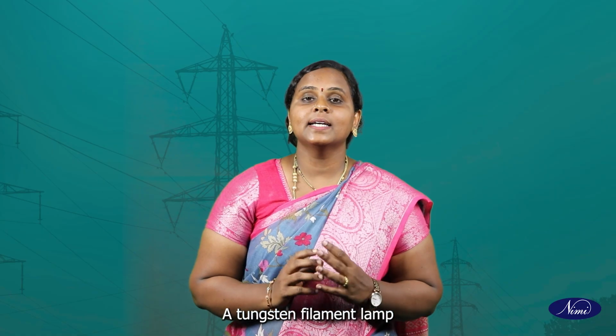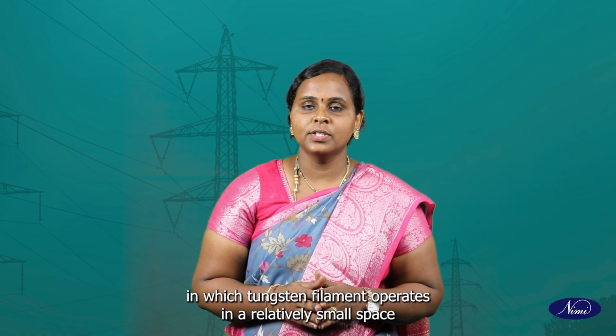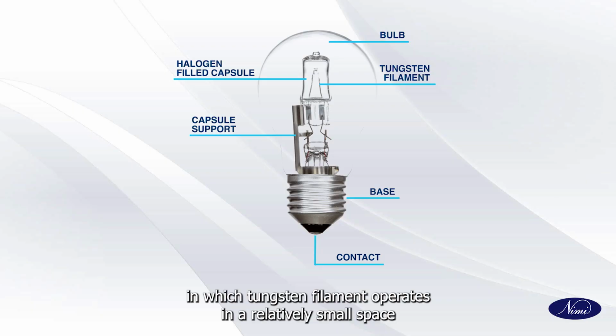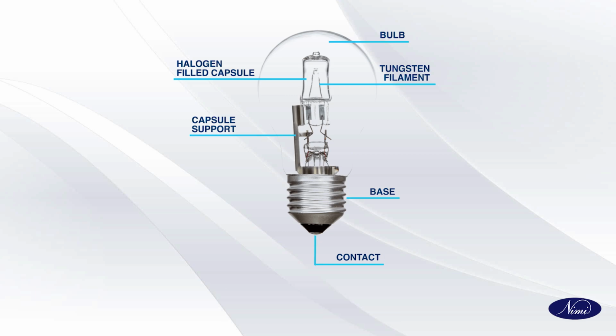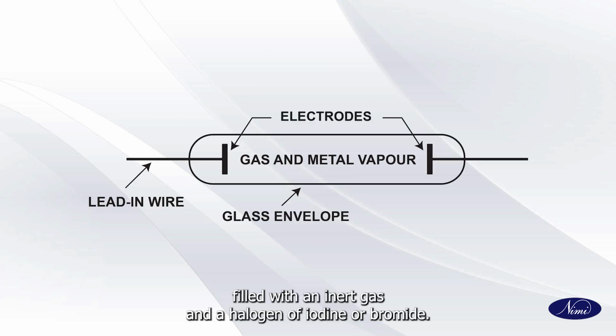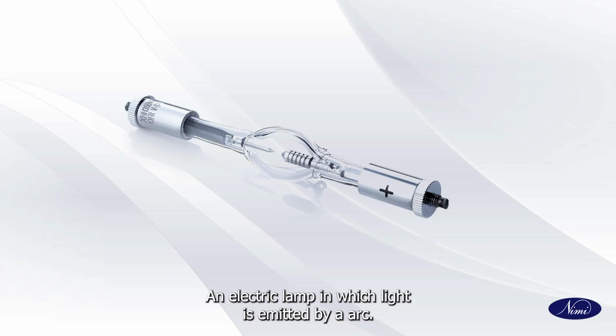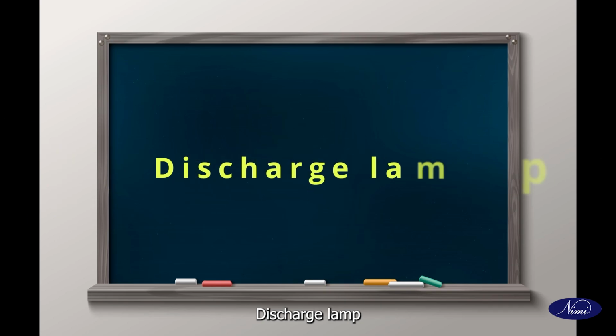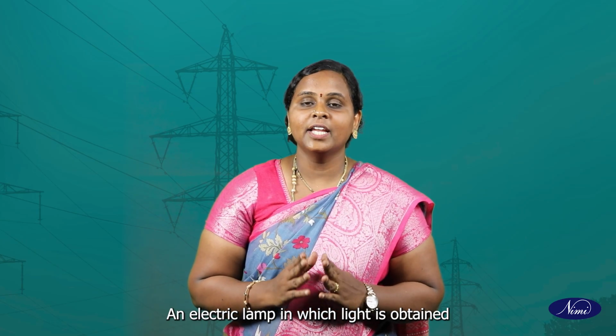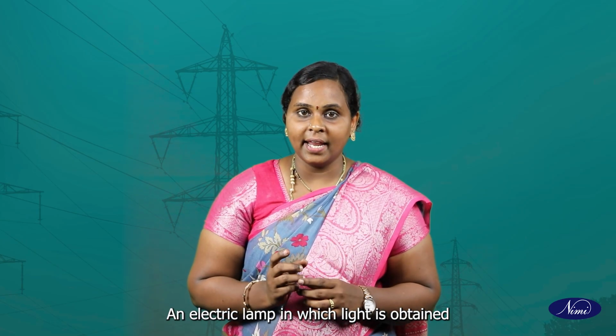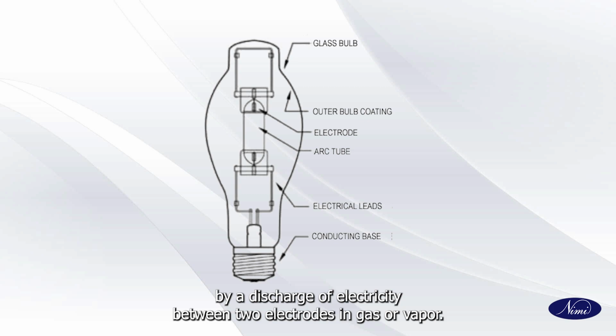Halogen lamp: a tungsten filament lamp in which the tungsten filament operates in a relatively small space filled with an inert gas and a halogen of iodine or bromine. Arc lamp: an electric lamp in which light is emitted by an arc. Discharge lamp: an electric lamp in which light is obtained by a discharge of electricity between two electrodes in gas or vapor.